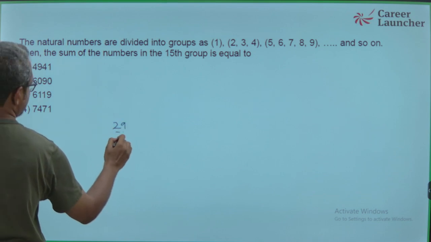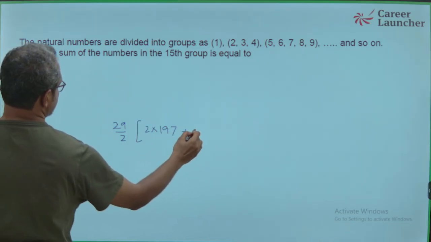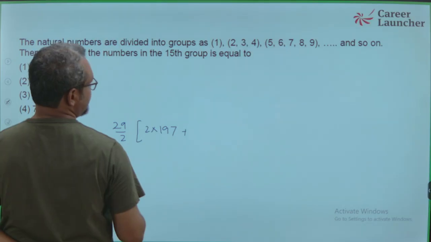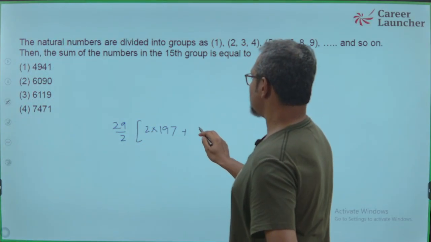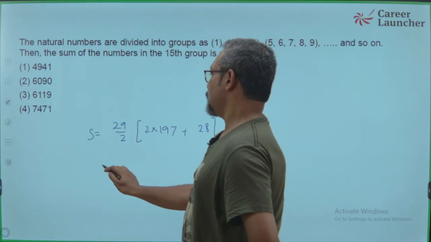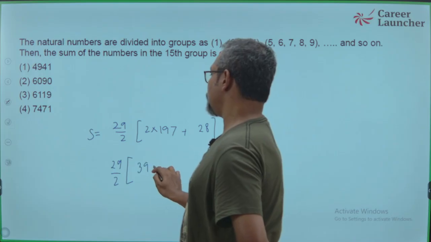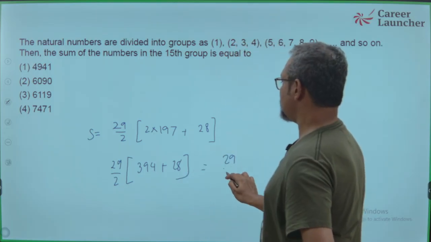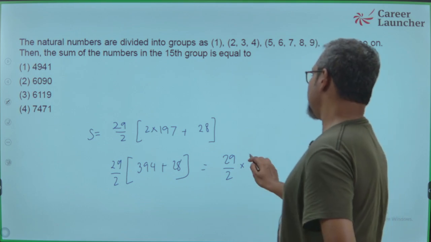Yeah, now it's back. Okay, 29 by 2, 2 times 197 plus we had n minus 1, so 28. Yes, this was the thing. We are trying to figure out the sum. So that was 29 by 2. So that is 394 plus 28, which we said is 29 by 2 times 422.